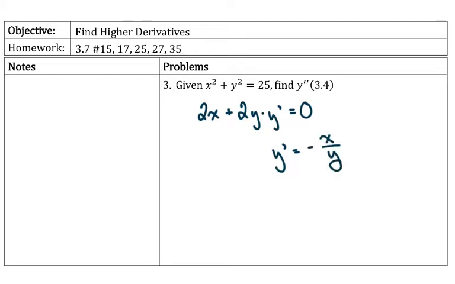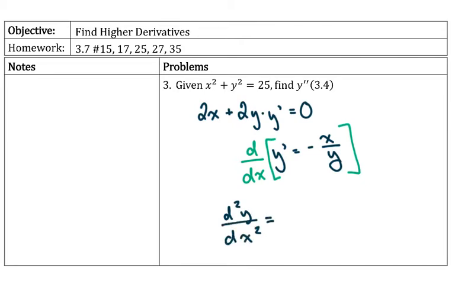And since we're looking for the second one, we then need to take the derivative of both sides again, and we're left with d squared y over dx squared.